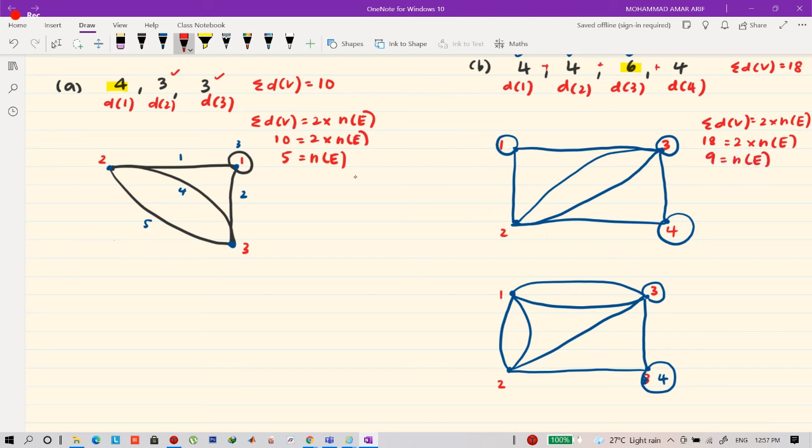So recheck 1, 2, 3, 4, 5, 6, 7, 8, 9. So kalau graf yang second version ni pula 1, 2, 3, 4, 5, 6, 7, 8, 9. Still sama, tak salah, still sama. So daripada sini you can also list out all the edges yang ada.